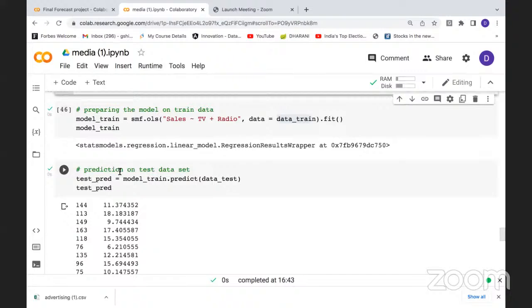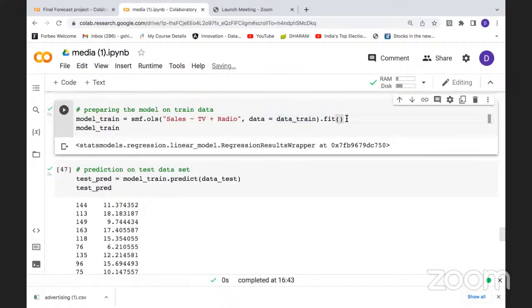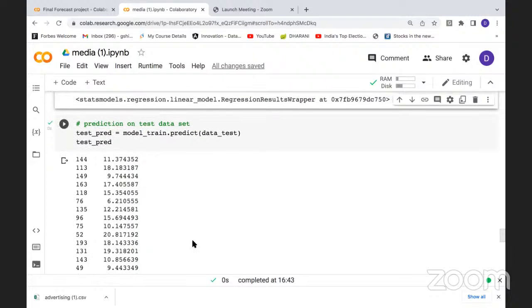Okay, I'm building the model. So it is statsmodels.formula.api, smf.ols, sales tilde TV plus radio, which is equal to this. Okay, so model_train.predict here. What is that you should pass? I should pass my test data.